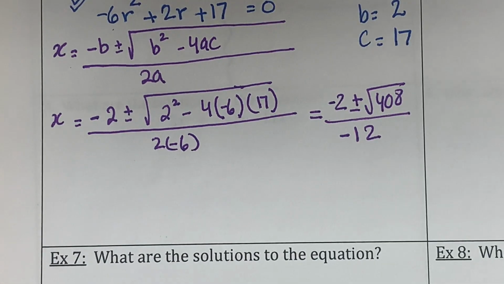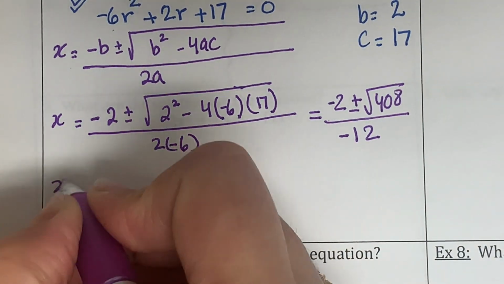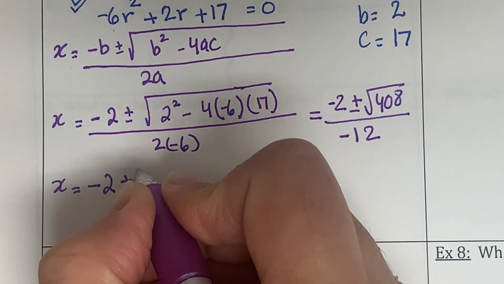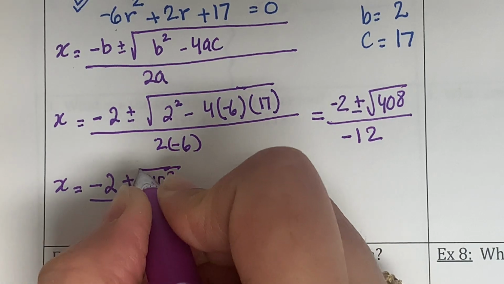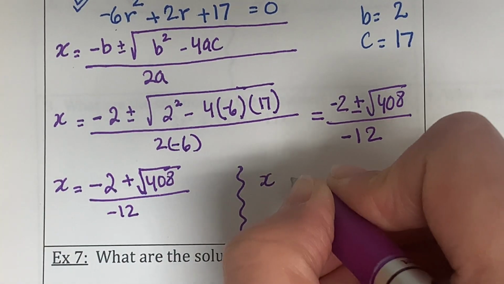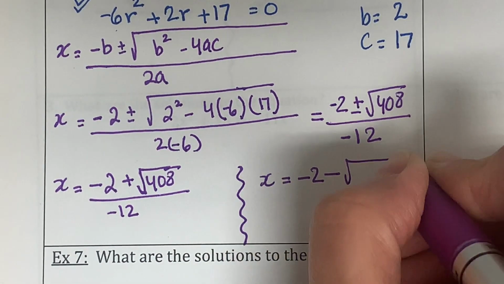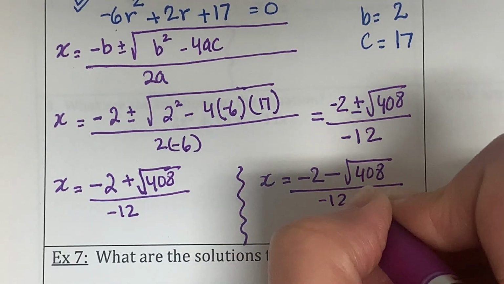Once you're here, I'm gonna have two values of x, so x is equal to negative 2 plus square root 408 over negative 12, and then one time with x equals negative 2 minus square root 408 over negative 12.